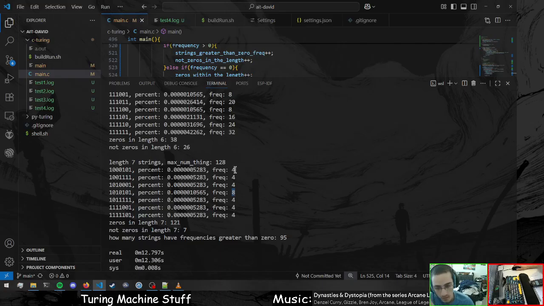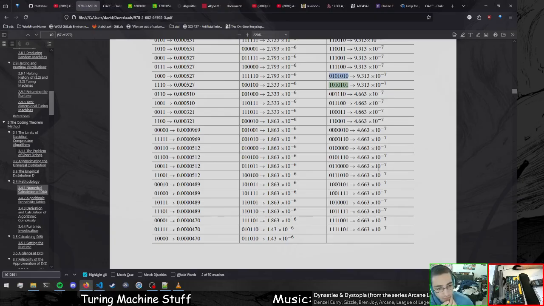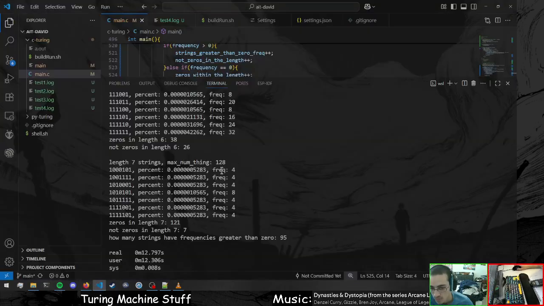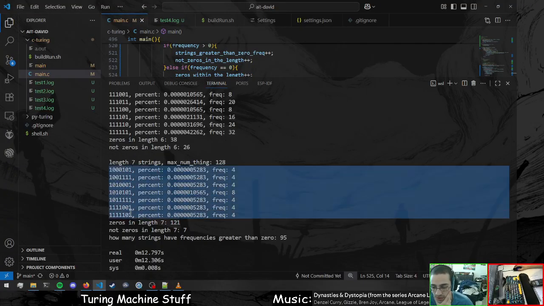And 1, 2, 3, 4, 5, 6. I have 6 of the normal ones, and here there are 1, 2, 3, 4, 5, 6, 7, 8, 9, 10, 11, 12. So I'm missing half of these. So I think in length 7 I've only got half of them. I only found half of them.